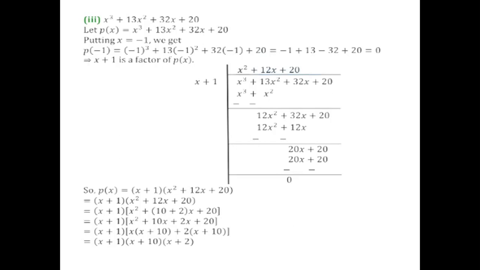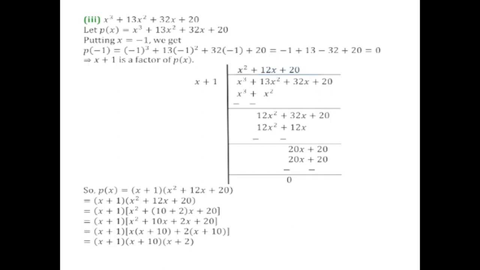So the possible numbers for trial and error could be plus 1 minus 1, plus 2 minus 2, plus 4 minus 4, plus 5 minus 5, plus 10 minus 10 and plus 20 minus 20. I shall put the numbers one by one and try to find the first possible factor.